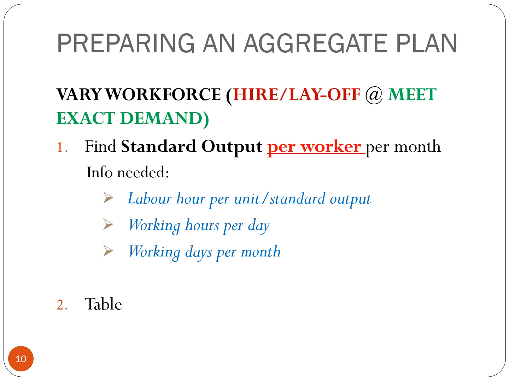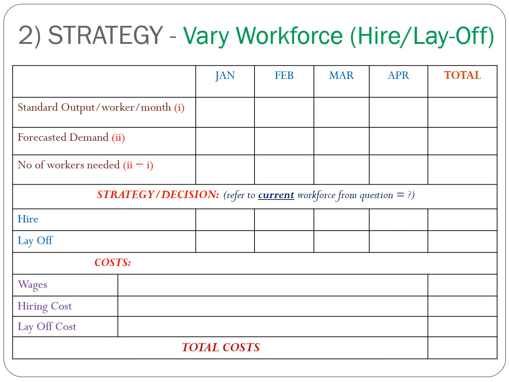Okay, so we need three types of information. The first one is standard output, working hours per day, and also working days per month. So all this information will be given in the question, that is called additional information. And once we have calculated the standard output, then you can go to preparing this aggregate plan using vary workforce strategy.